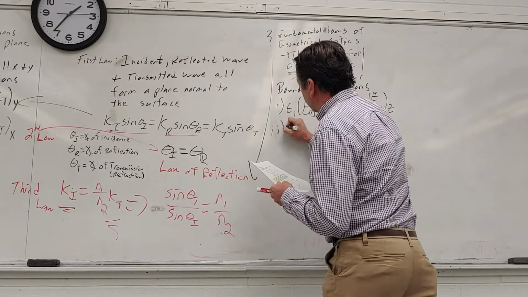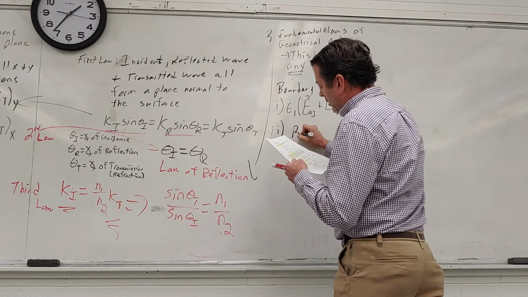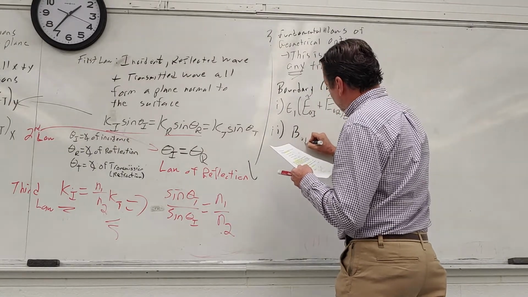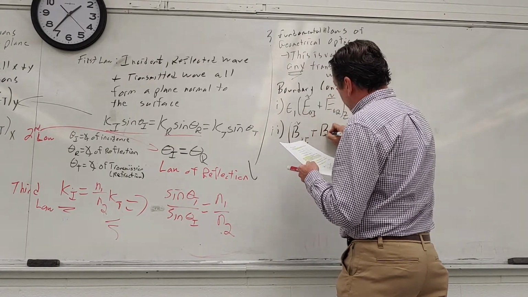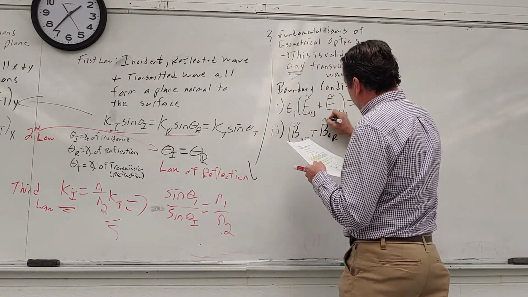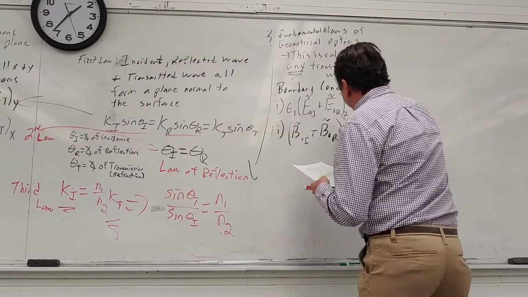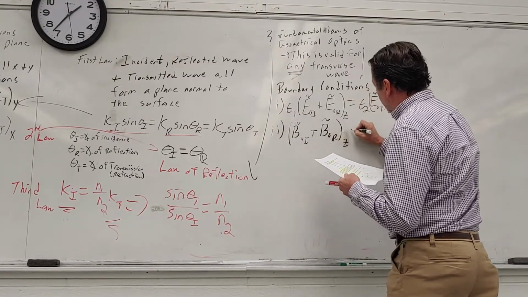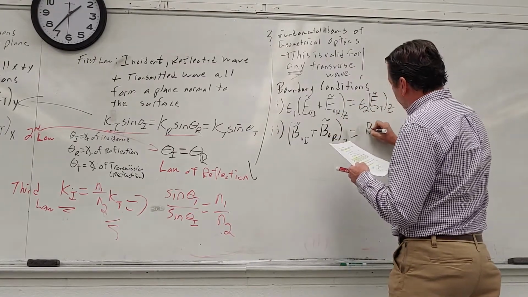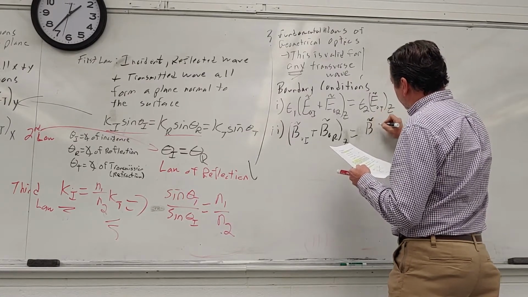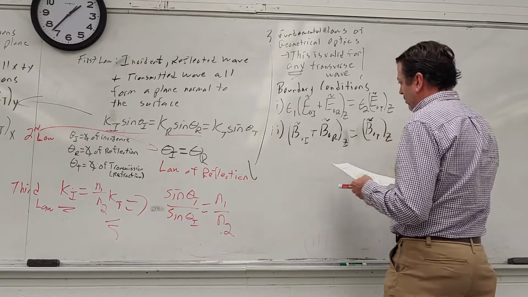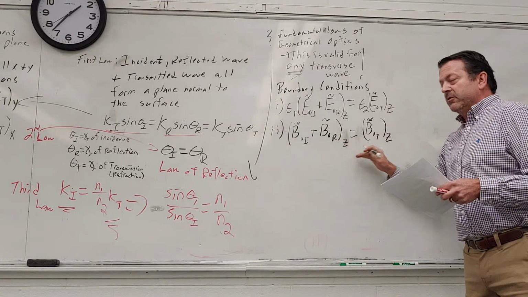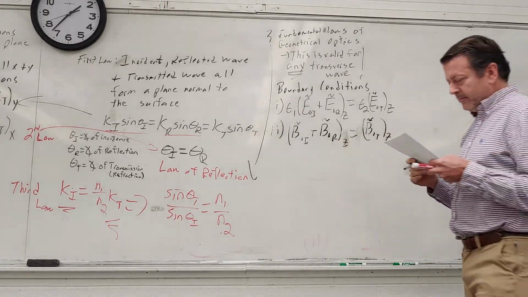Okay, for the magnetic field, z direction. It's transmitted in the z direction. They're just the field vectors adding up over here.